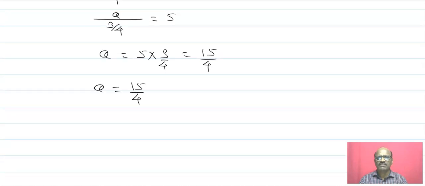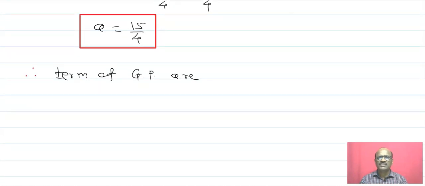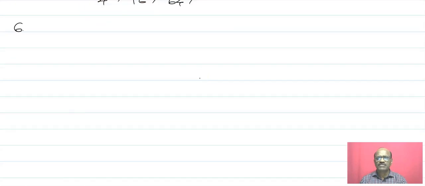This is the value of a. Now the terms of the GP are a, ar, ar square, that is 15 by 4 is the first one, then 15 by 16, 15 by 64.